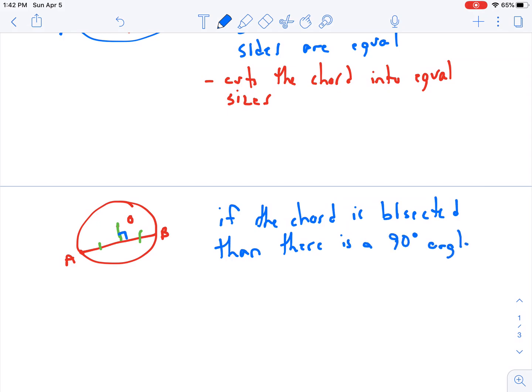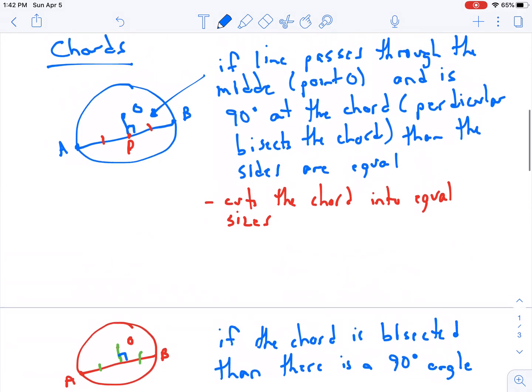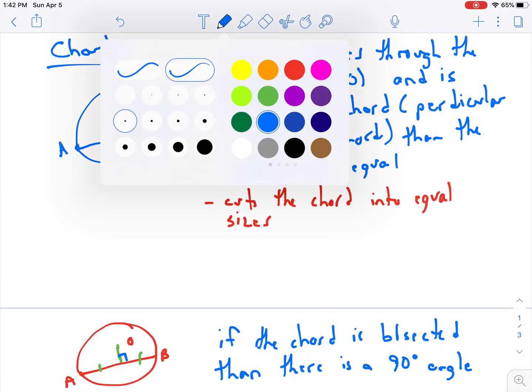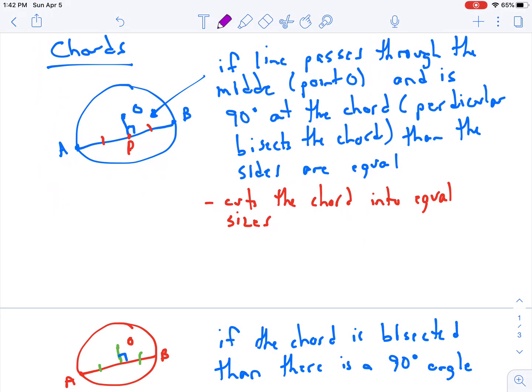So you realize these two rules that I'm talking about work opposite to one another, right? In the first example, I knew that I had a 90 degree angle. I'm just going to do it in a purple color so you can see something different. I knew that I had a 90 degree angle, and based on that, I inferred that these two lines were the same length.